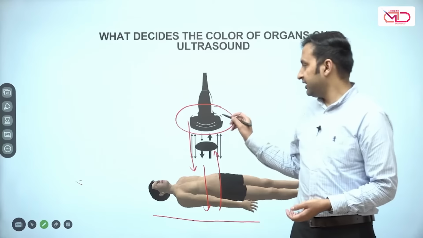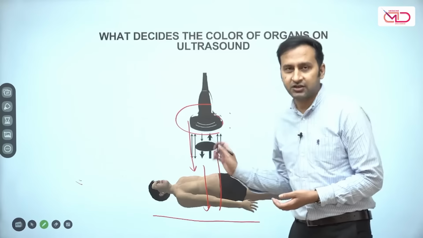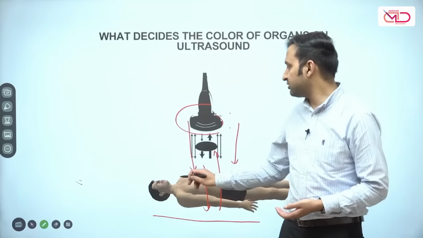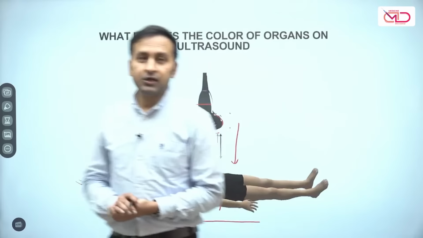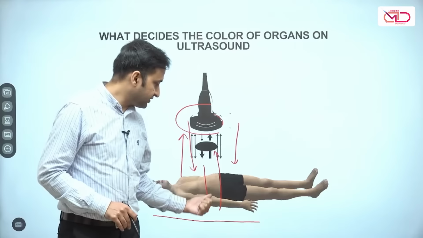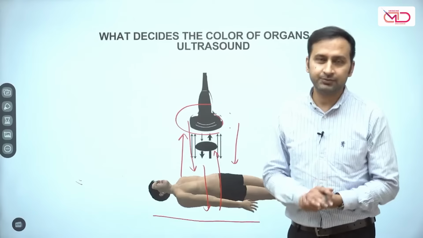In this case, the transducer is a fascinating, wonderful structure. Not only is it responsible for emitting the sound waves, it is also responsible for accepting the received sound waves. So what we can conclude is that only the sound waves which are reflected back will be taken up by the transducer and will form an image.